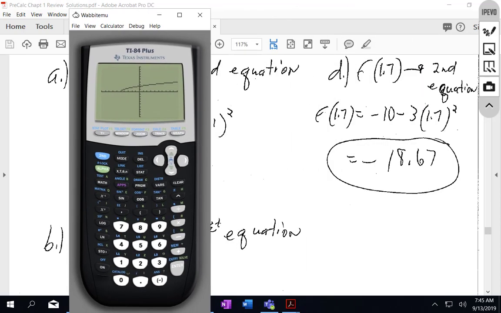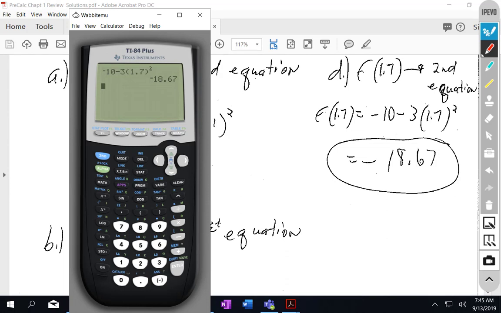So now I've got negative 10, and I'll just type it all in my calculator once, minus 3, and then I've got 1.7 in parentheses squared. And hit enter, and that comes out to be negative 18.67.